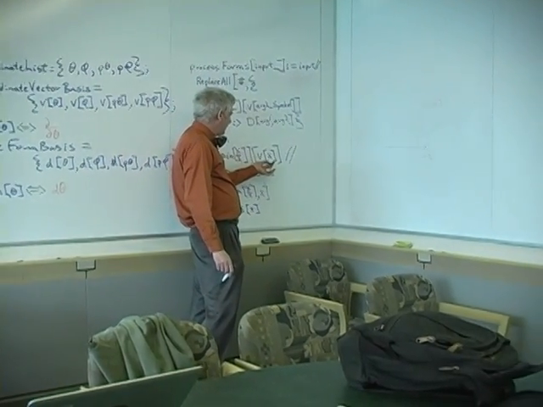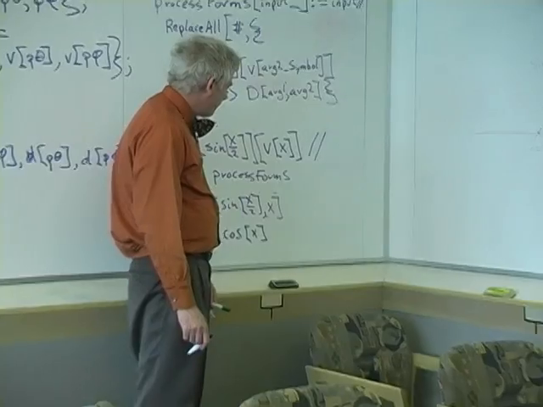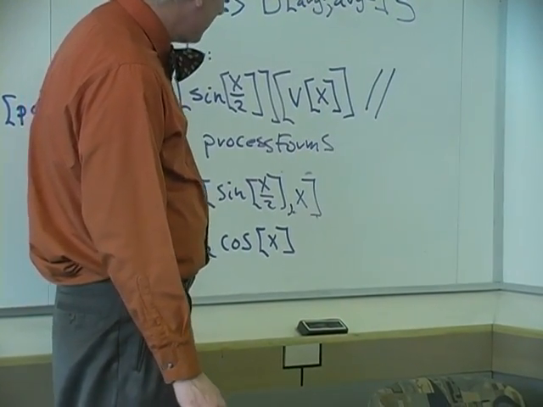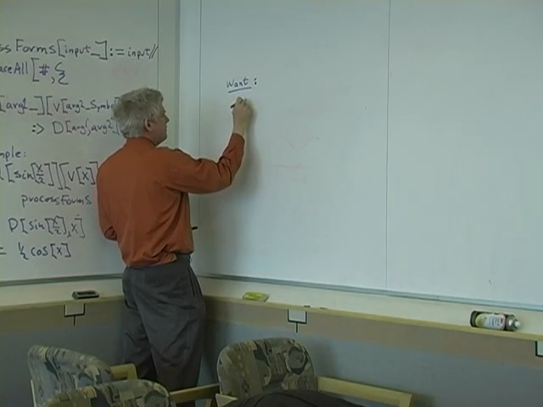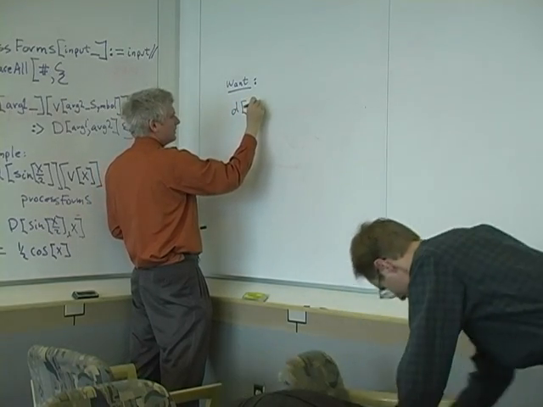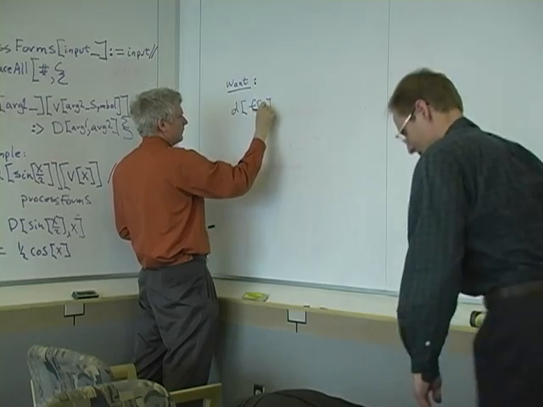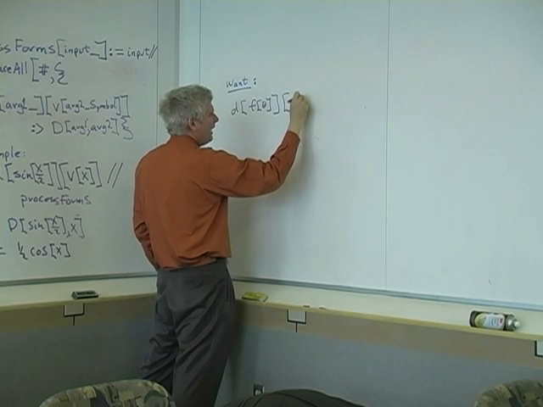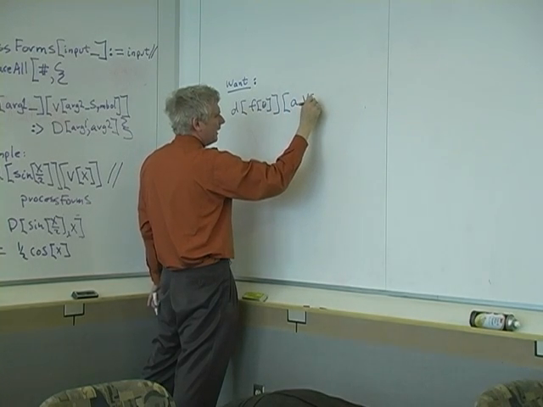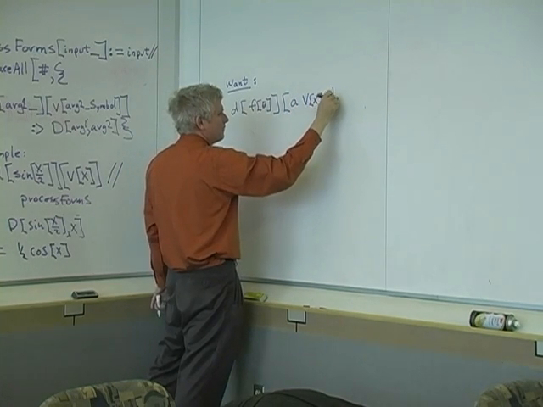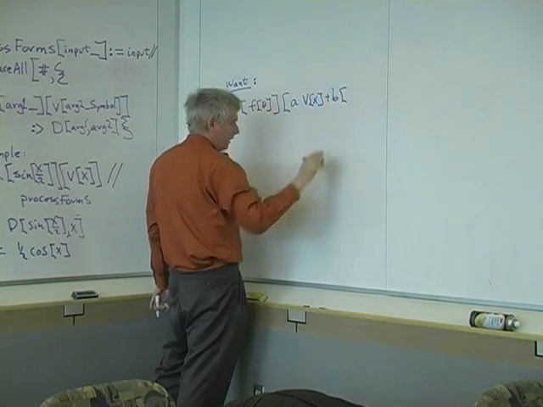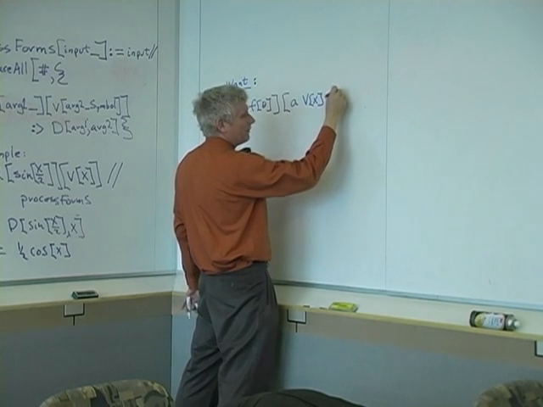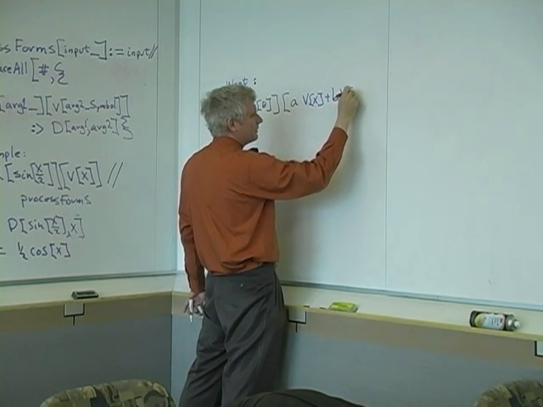They're always talking about vectors. So what we need is some rules like this, that D, acting on any function of coordinates, if I give it a v of x plus b v of y, remember, a vector space has the property that you can multiply vectors by numbers and you can add vectors together.